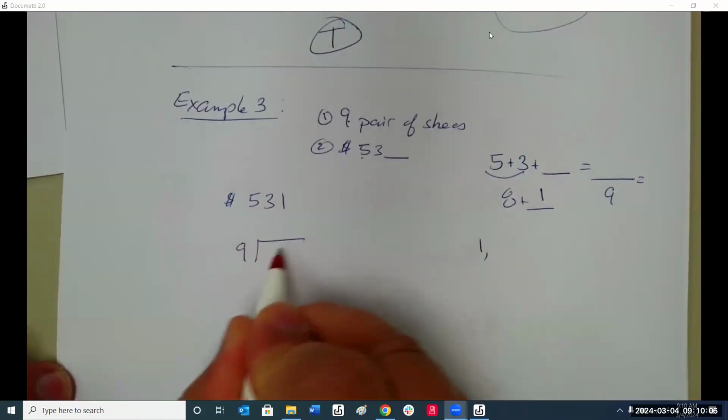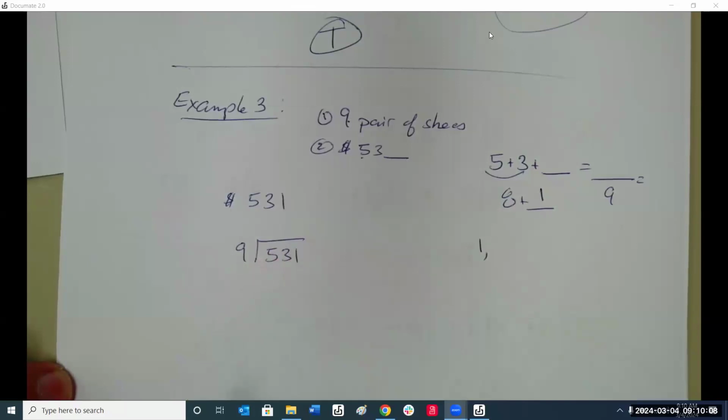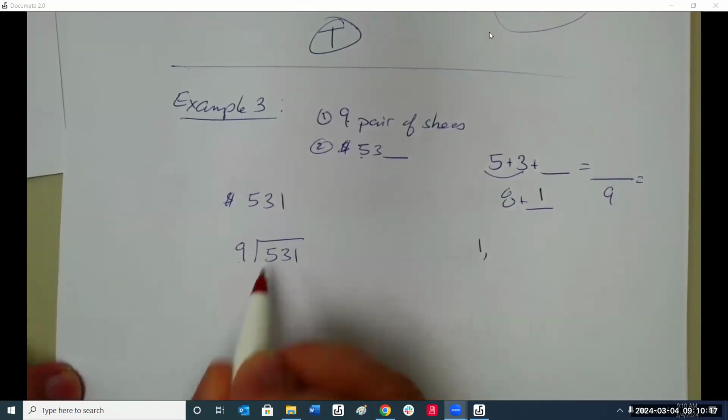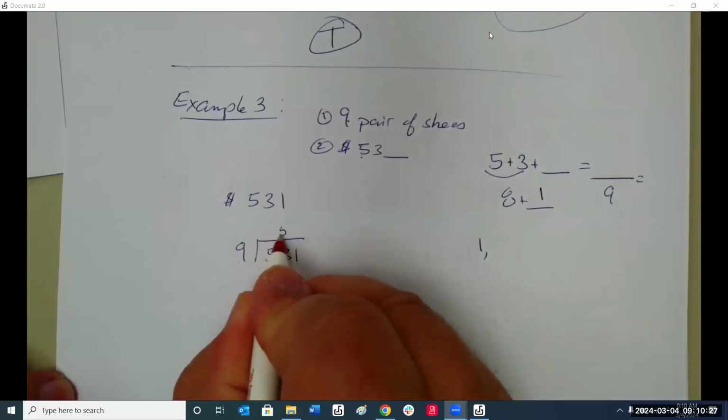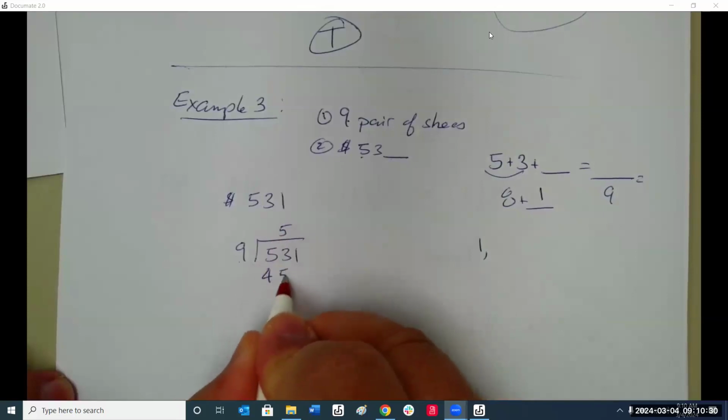So now to figure out the price that each student has to pay, we divide 531 by 9. How many times does 9 go into 53? Yeah. 9 times 5 is 45.